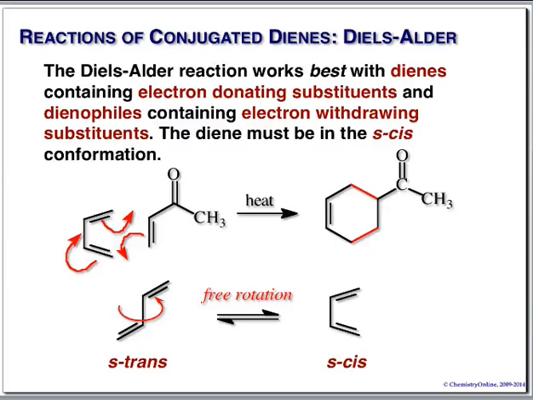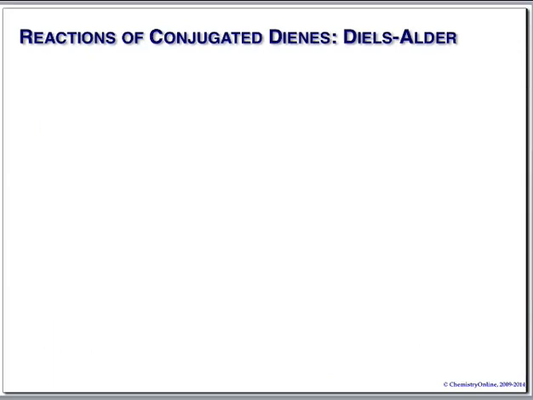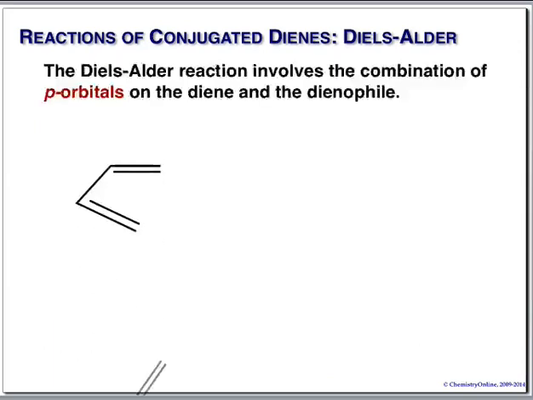Why do we need the S-cis configuration? Well, it has to do with the actual mechanism of the electrocyclic reaction. Let's look at a very simple reaction here. Butadiene, in the S-cis, and we're reacting it with ethene.